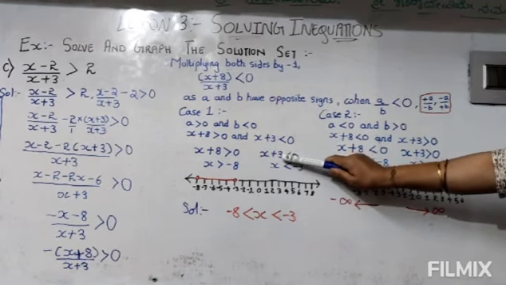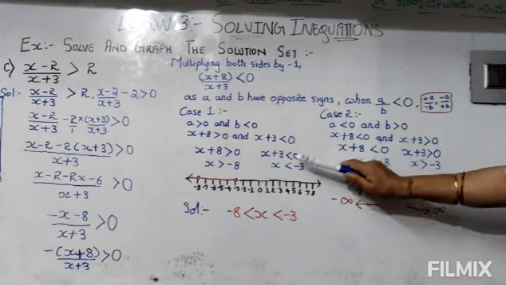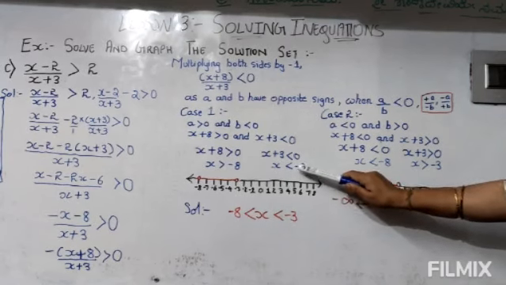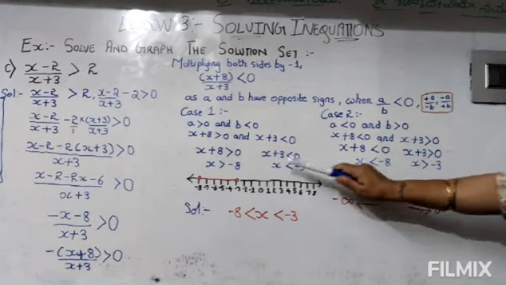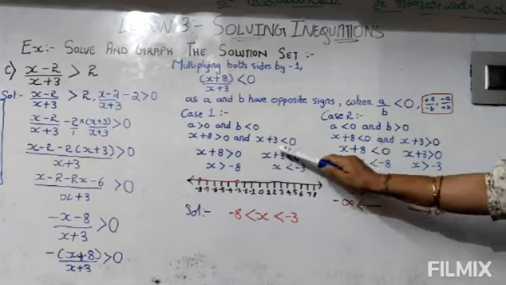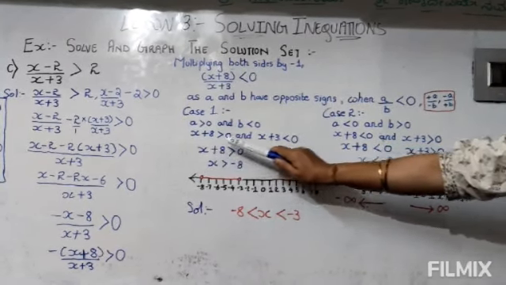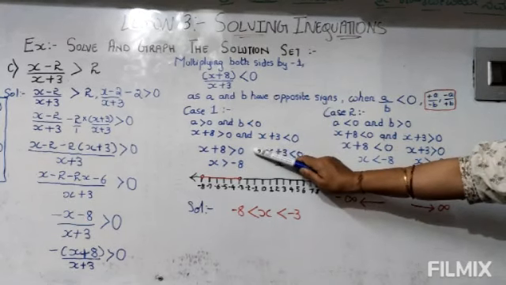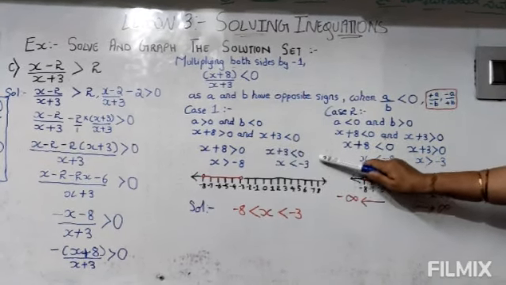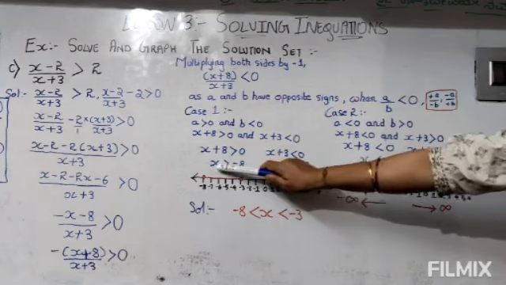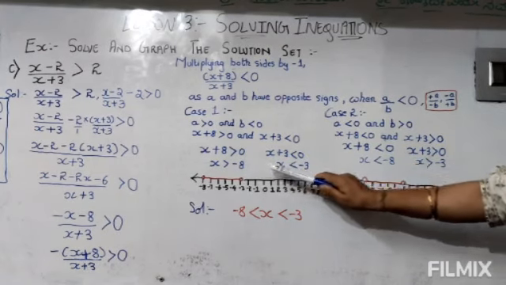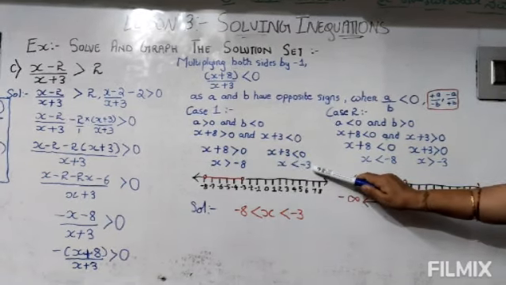X plus 3 less than 0 gives x less than minus 3. I am transposing: bringing plus 8 to the right hand side, and bringing plus 3 to the right hand side. Therefore x is greater than minus 8 and x is less than minus 3.